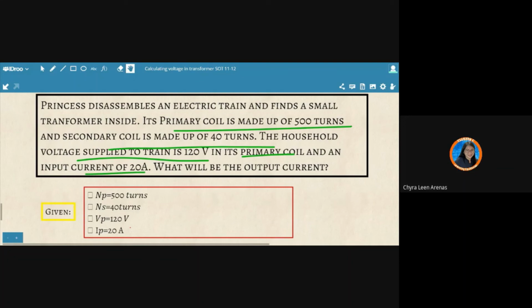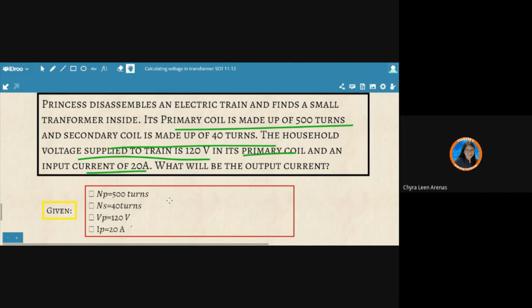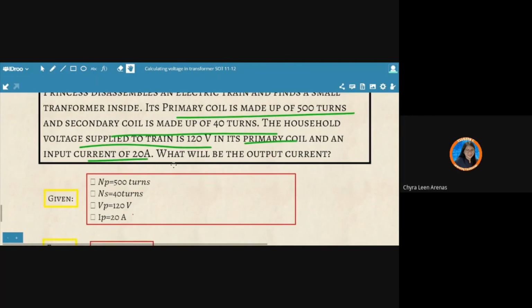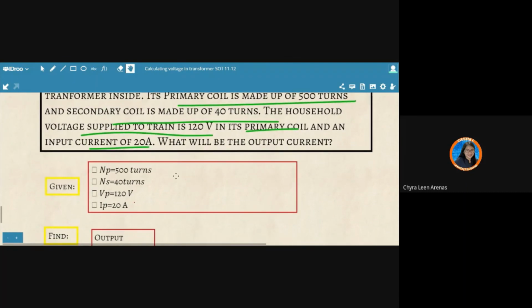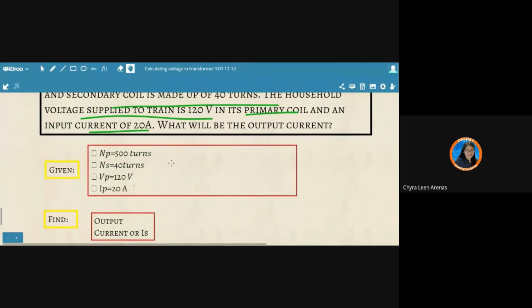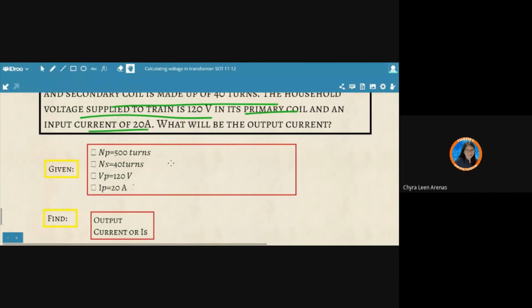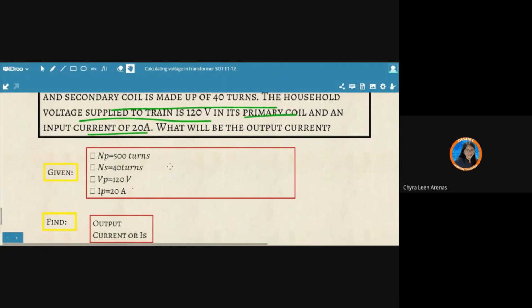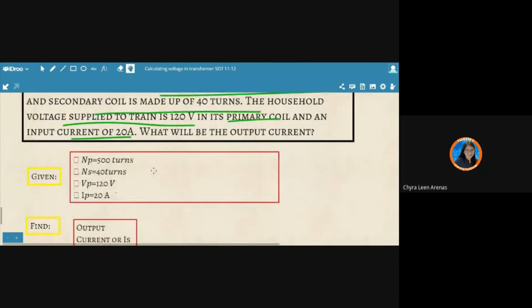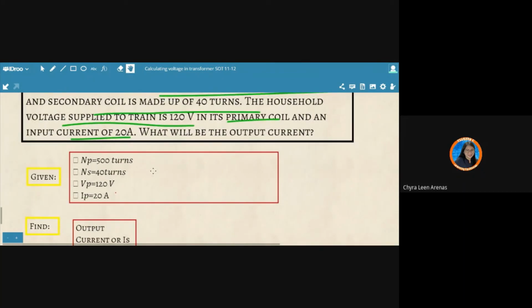However, let's go to the find. What do we need to find by analyzing the problem? It said here that we have to know the output current, or IS, because it asks in our problem, what will be the output current.